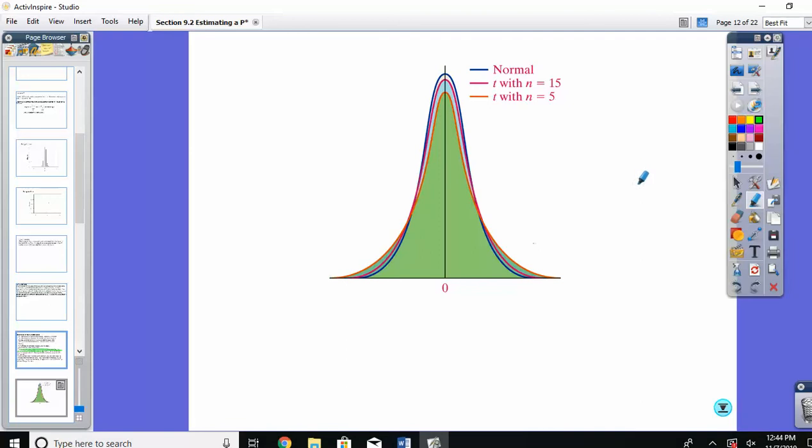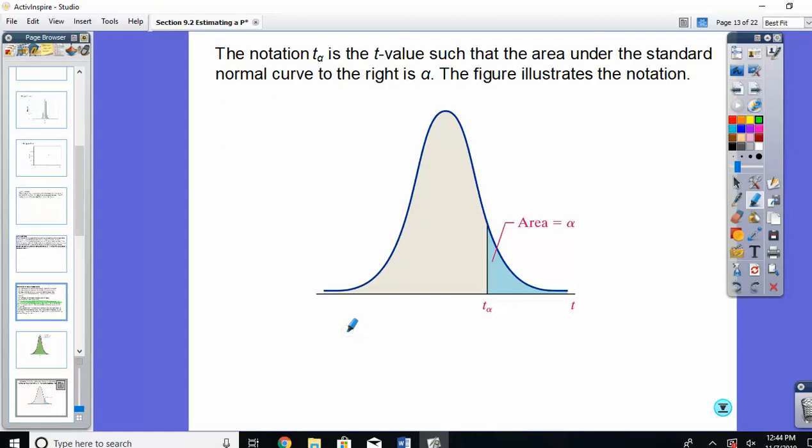Next sheet of paper, this is what I will be expecting you to do. With the normal we had the Z alpha notation, same thing now with the T's. When I talk about T alpha, alpha is the area to the right. Just remember that. The normal table always gives you area to the left.